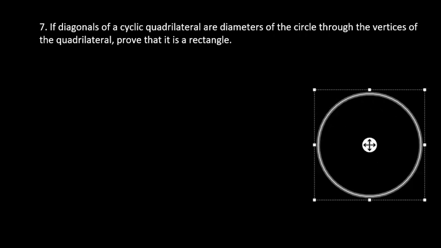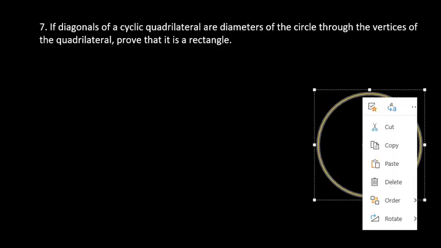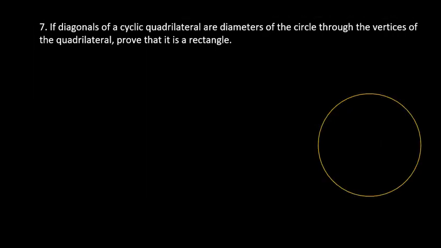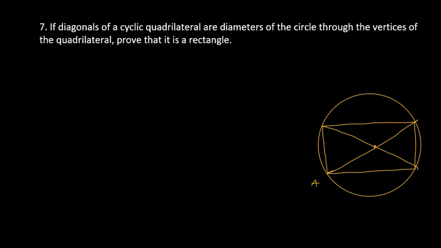So here we have a cyclic quadrilateral, and its diagonals are diameters of the circle. It is better to first draw the two diameters and then join the endpoints. Now you have to prove that the cyclic quadrilateral ABCD is a rectangle.